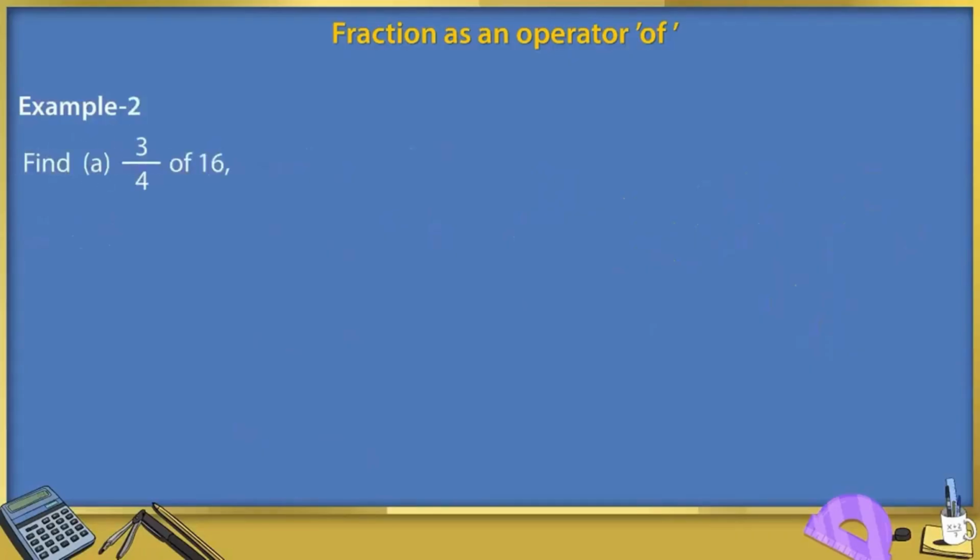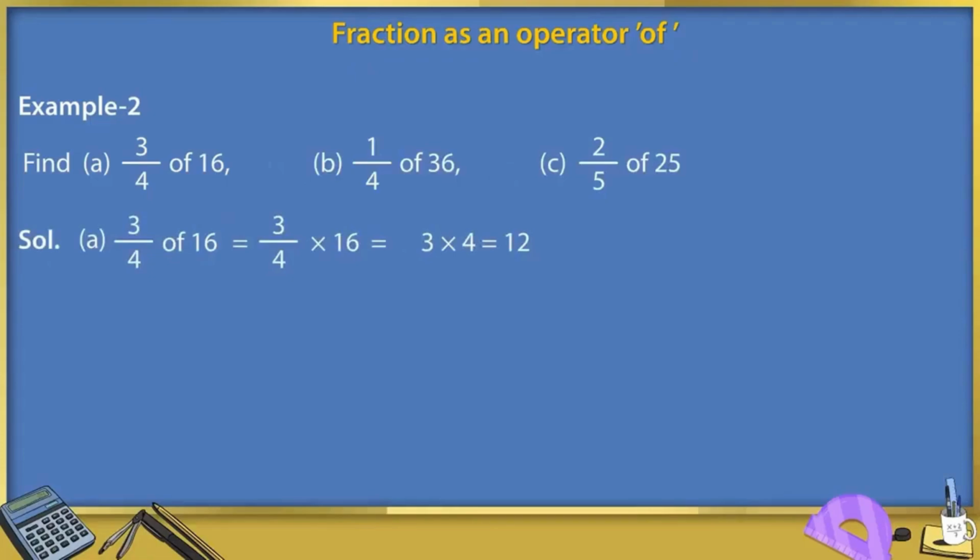Example 2. Find A. 3/4 of 16, B. 1/4 of 36, C. 2/5 of 25. Solution. A. 3/4 of 16 is equal to 3/4 into 16, which is equal to 3 into 4, which is equal to 12.